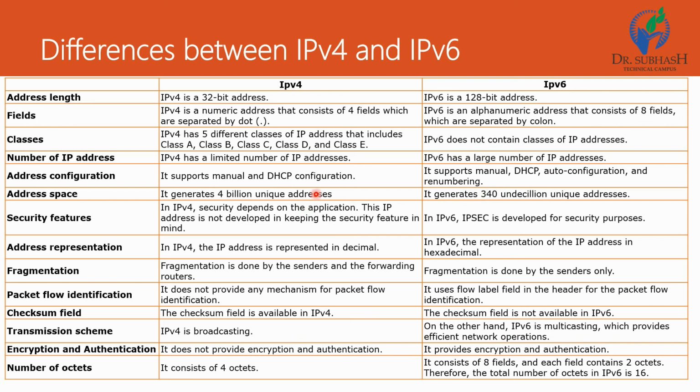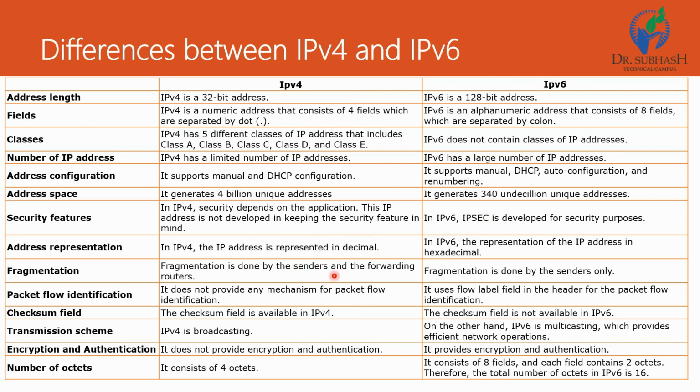IPv4 has 4 billion different addresses, and IPv6 generates 340 undecillion unique addresses. IPv4 security depends on the application, while in IPv6 security is based on IPv6 addressing. To define the IPv4 address we use the decimal number system, and for IPv6 we use the hexadecimal number system.